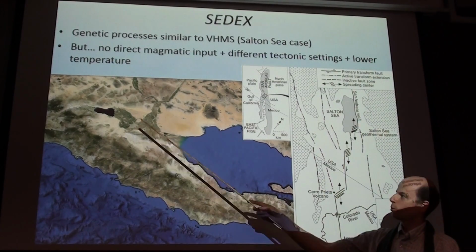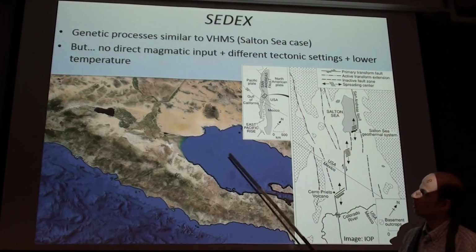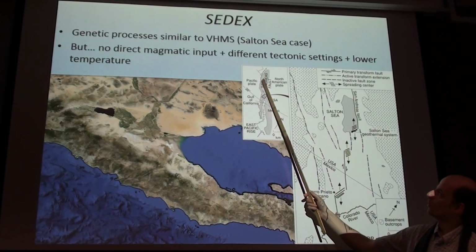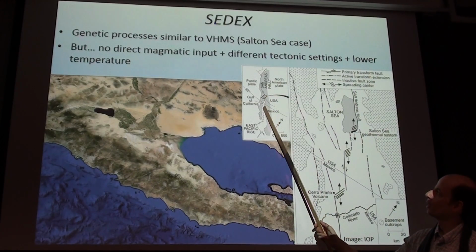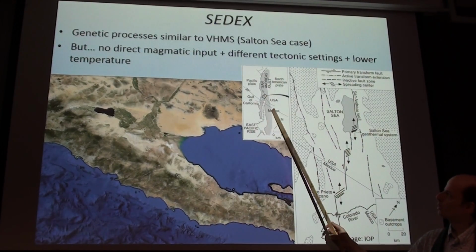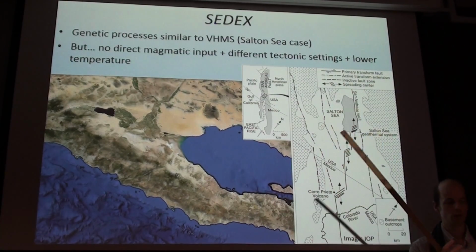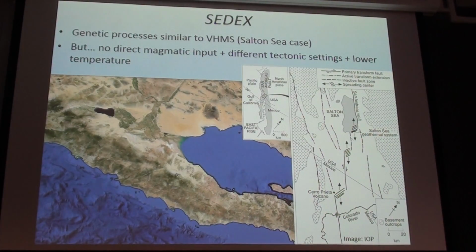But what happened afterwards? Well, this region is within a rift. We've got the San Andreas Fault up north, and then the rift between Mexico and Baja California. So it's a region of higher heat flux in the crust.